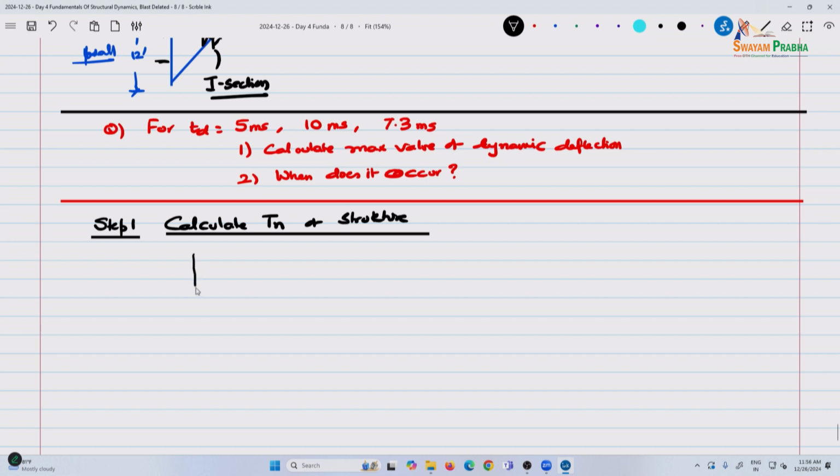So what you have here is a uniformly distributed load and the magnitude of that is 25 psi multiplied by 30 times 12 inches.